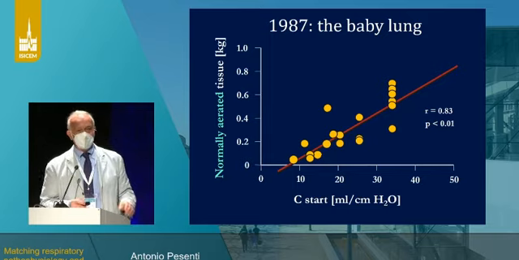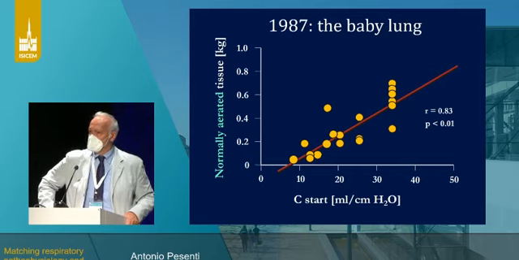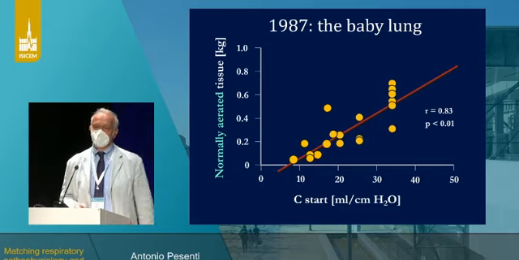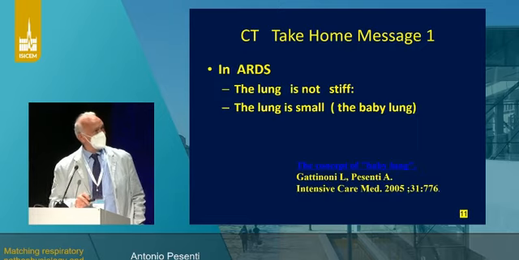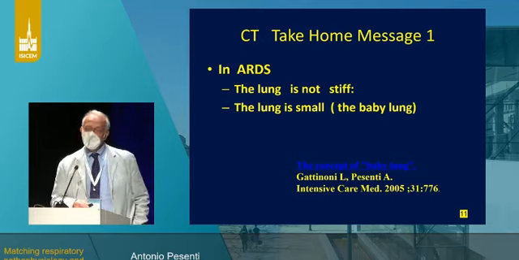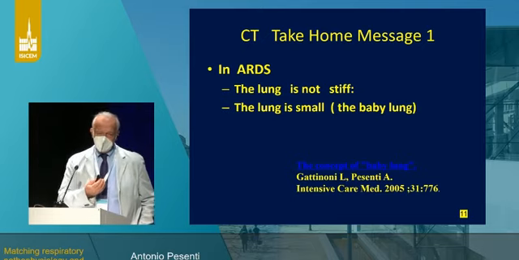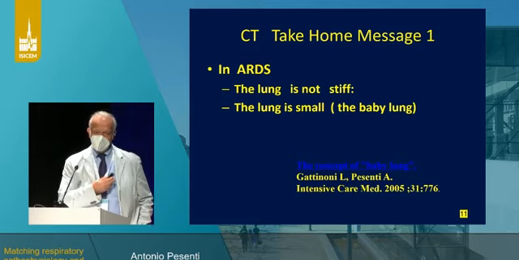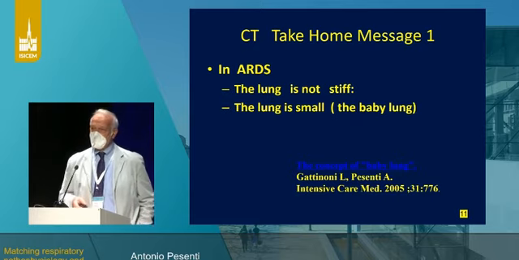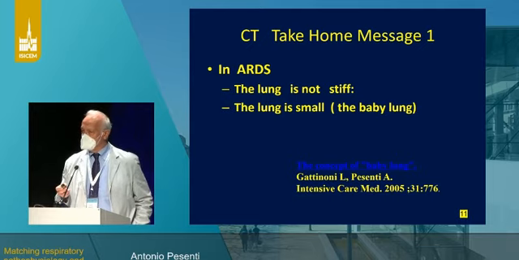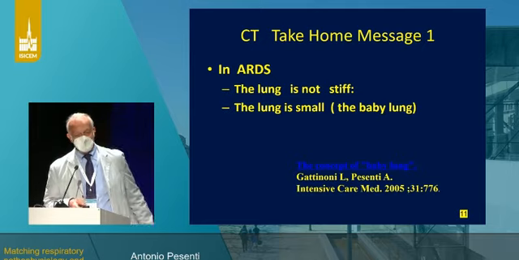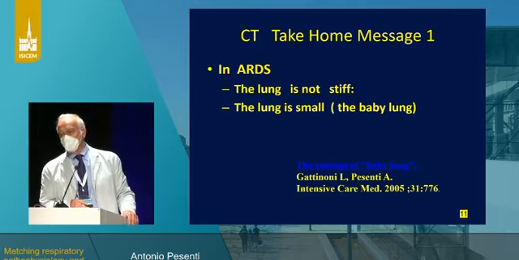So when the compliance is cut by half, normally, with good approximation, the amount of ventilated lung will be half of the normal size. So the pathophysiology we bring home from these approaches is that in ARDS, the lung is not stiff. The lung is small. And this is true particularly in the initial phases of the disease.